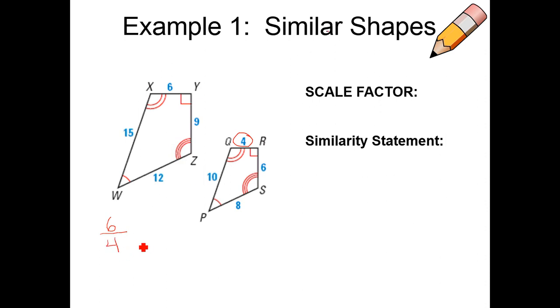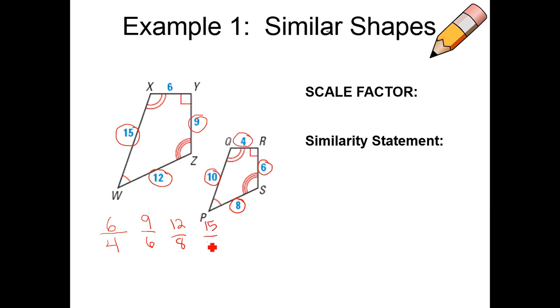XY and QR would be corresponding sides. Just like the 9 over here would match up with the 6 right here, so I'd say 9 over 6. Just like the 12 matches up with this 8, 12 over 8. And just like the 15 matches up with the 10, 15 to 10.